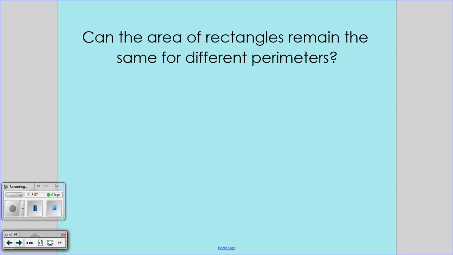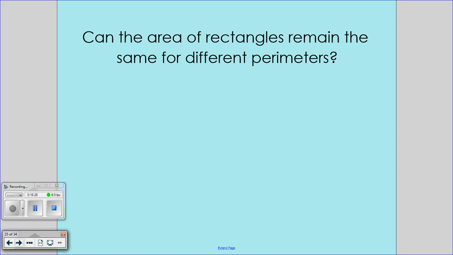Can the area of rectangles remain the same for different perimeters? If I draw a shape and then I draw another shape that has a different perimeter, can the area still be the same? Stop calling out and actually think. This is worded very tricky. If I draw two rectangles, just like you did, they both have different perimeters, correct? Yes. Can the area stay the same even though those are two different perimeters? What do you think, Susie?